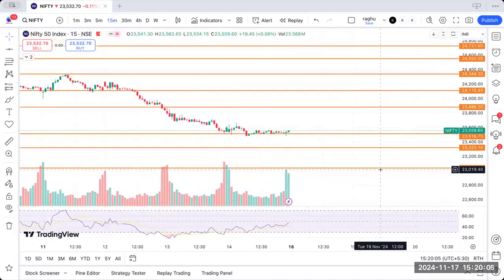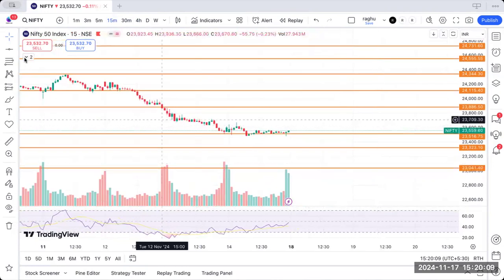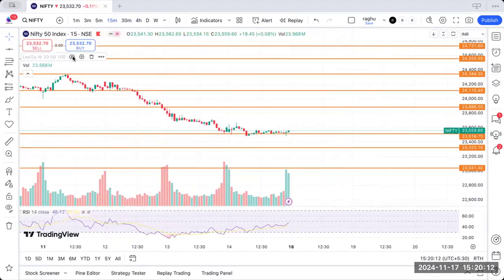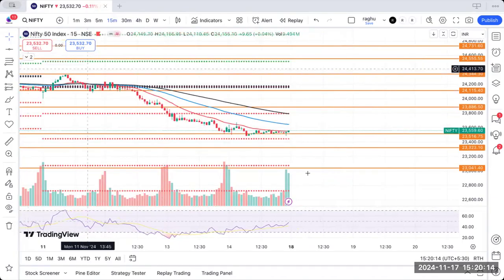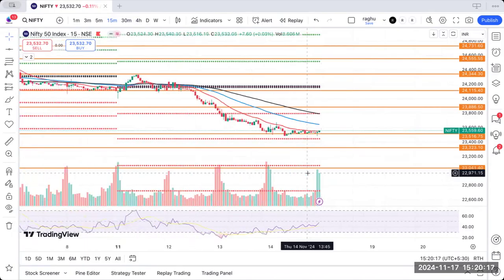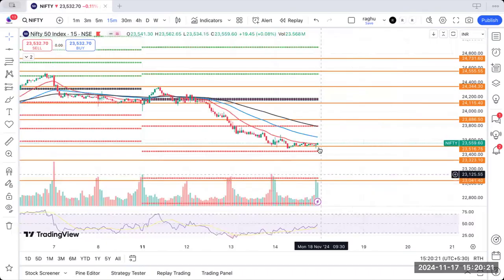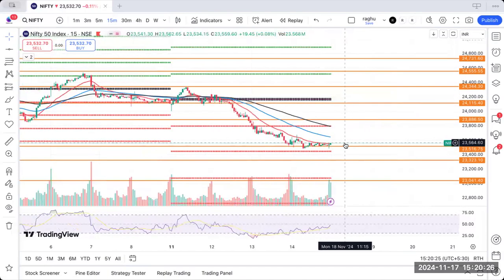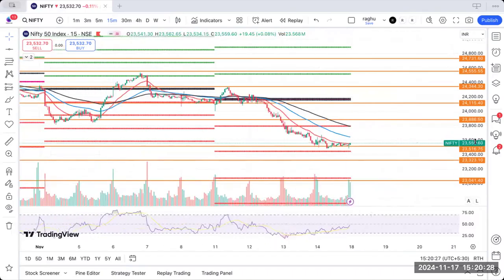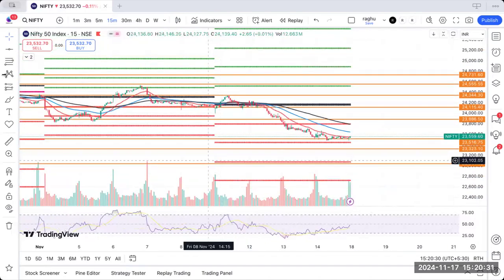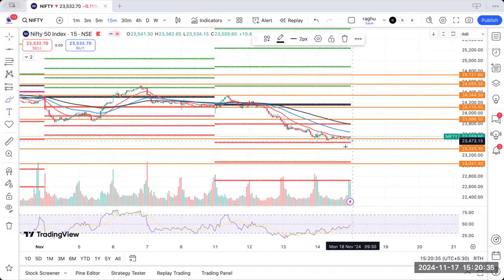Now, once you master marking levels, I'll open my CPR indicator to reconfirm. Now, if you see, CPR is also giving me exactly the same targets or numbers, correct? One line is here, which we marked, right. The second one we marked is right.